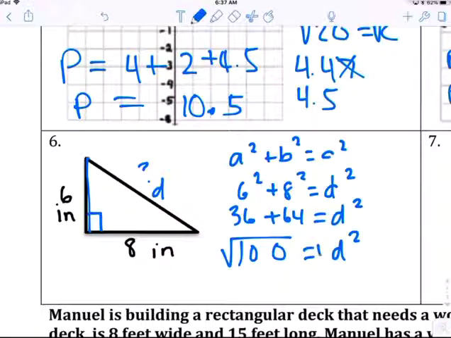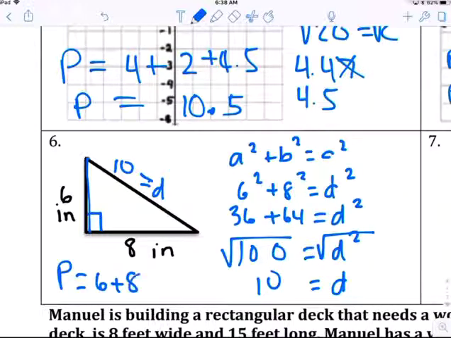Take the square root. The diagonal part of this triangle is 10. So this is 10. Now we can find perimeter. Perimeter equals 6 plus 8 plus 10. So 24 inches.